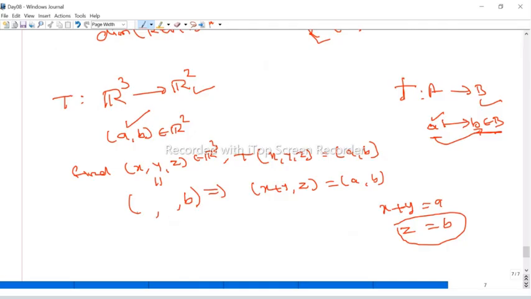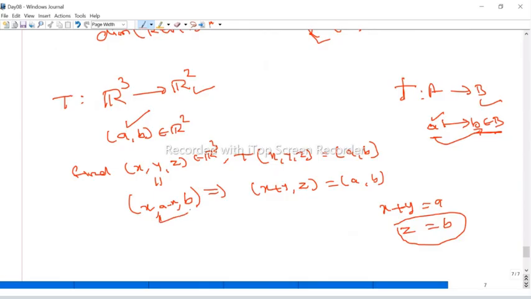Now what about the first two coordinates? If we take any coordinate x, then the second coordinate should be a minus x. You can choose anything, but the sum should be a.